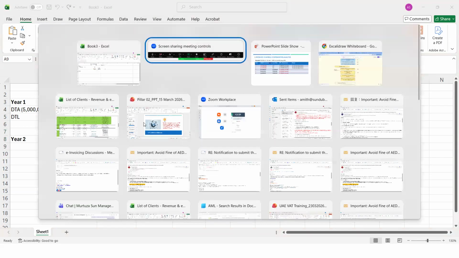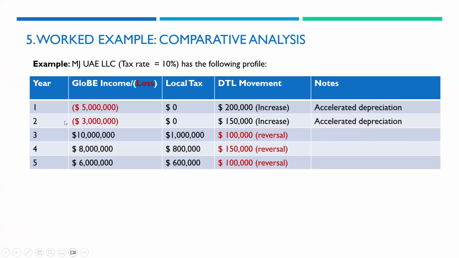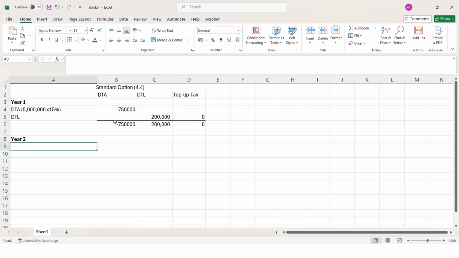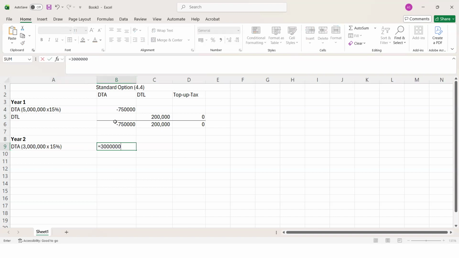Year two, what is happening? What are they given? The loss is again a loss, right? So in that situation, what would I do? For DTA, I will have an addition of 3 million into 15%. Yes or no?